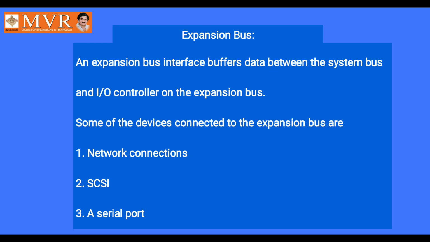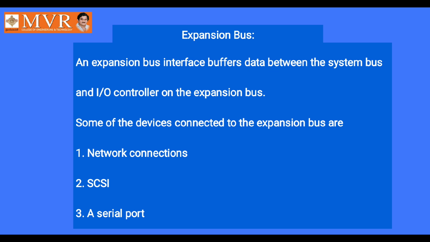That path is with the help of the expansion bus. The name itself is telling you expansion. The bus is expanded to communicate the data or the control or the address not only within the system but also among different systems.